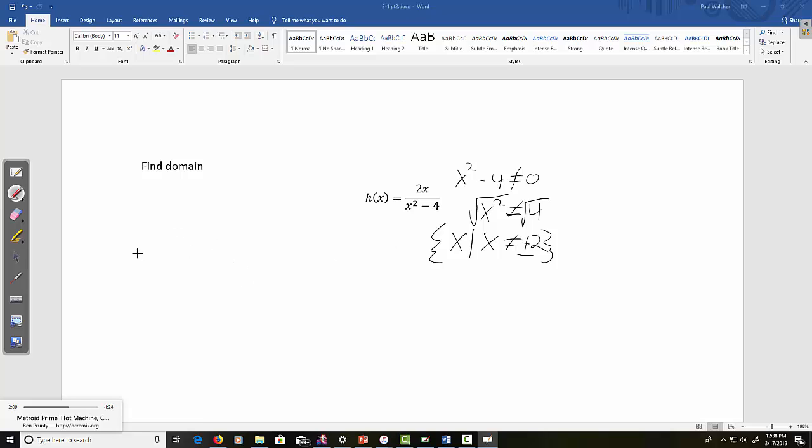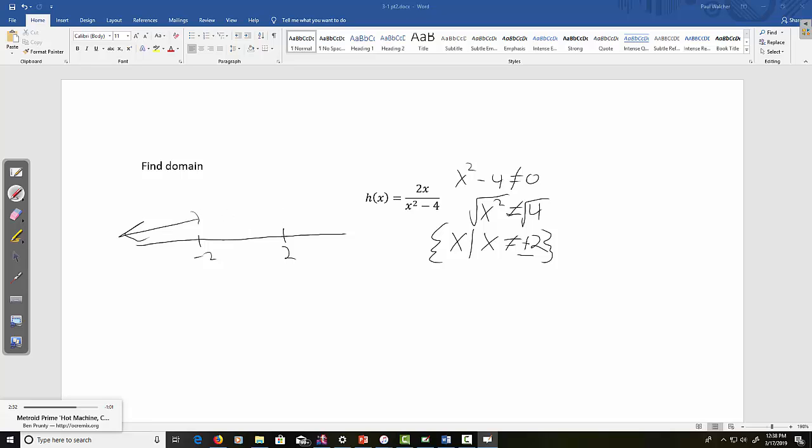The other way, you'd have to do interval notation. In interval notation, you have to figure out what your boundary points would be. So I cannot have negative 2. I cannot have positive 2. Well, then you have to break up the number line into intervals. I can have everything to the left of negative 2, so that would be this interval.